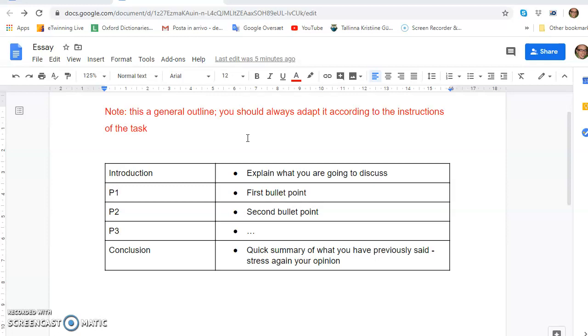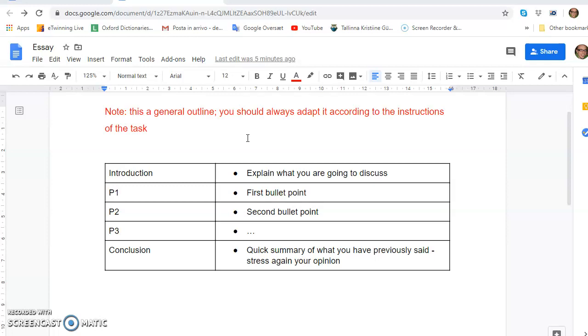Another important difference as far as the format is concerned is that in a report you are strongly recommended to use subheadings in order to mark each single section. Whereas in an essay, you don't do that. Do not, let me repeat it, do not use subheadings, but use simply the regular paragraph structure in order to mark where a paragraph begins and where it ends.